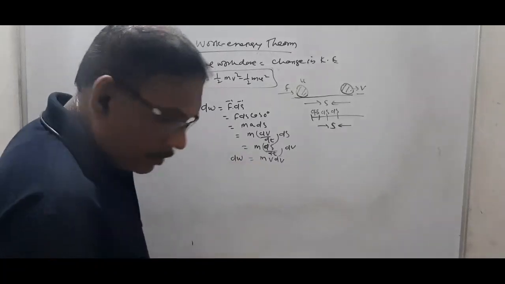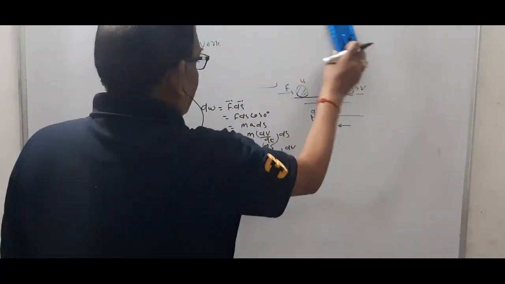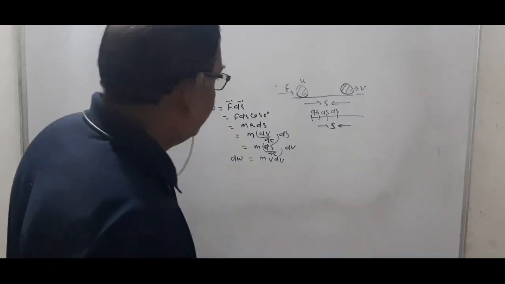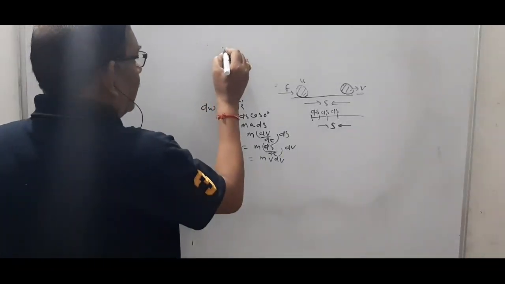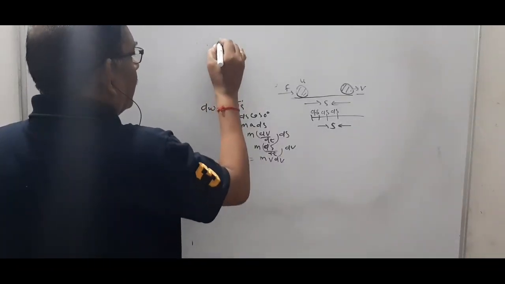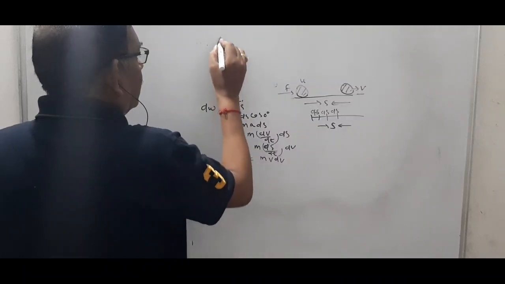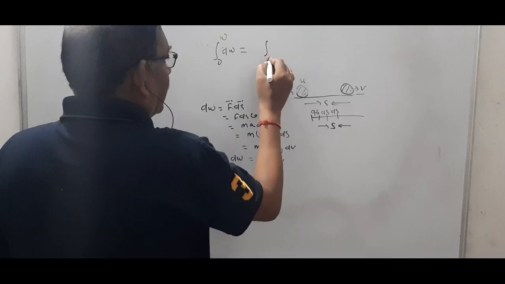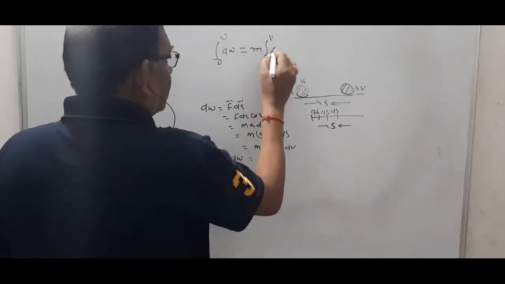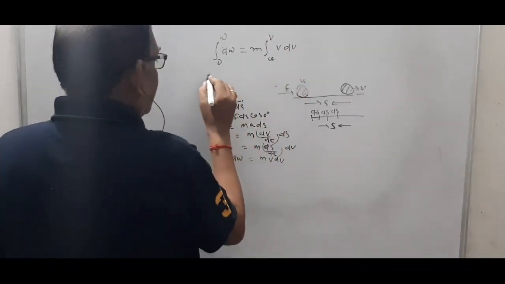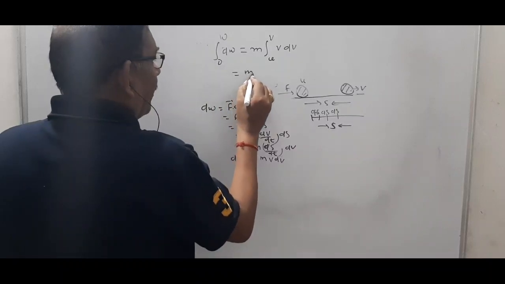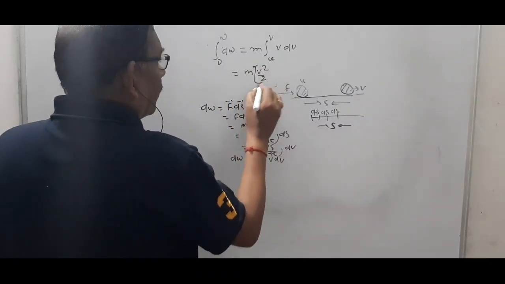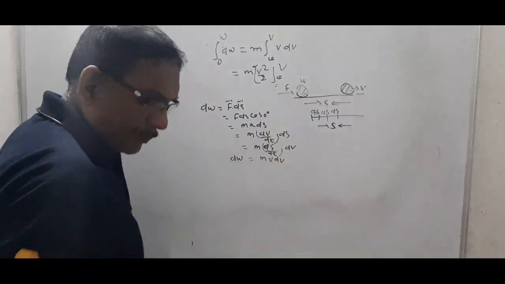Now the total work done of the system is found by taking the integration, from 0 to W for dW, and from u to v for v dv, taking m outside. It is m v square by 2, from u to v.